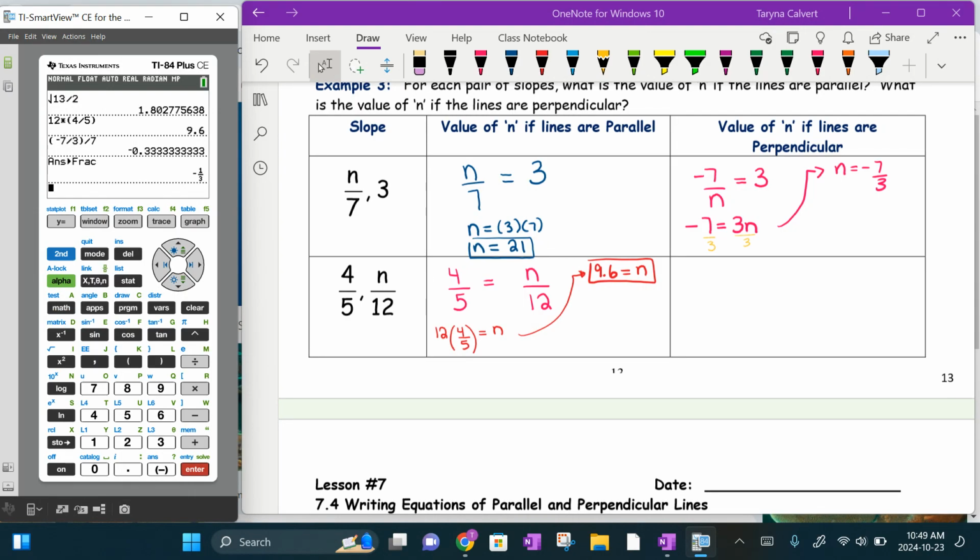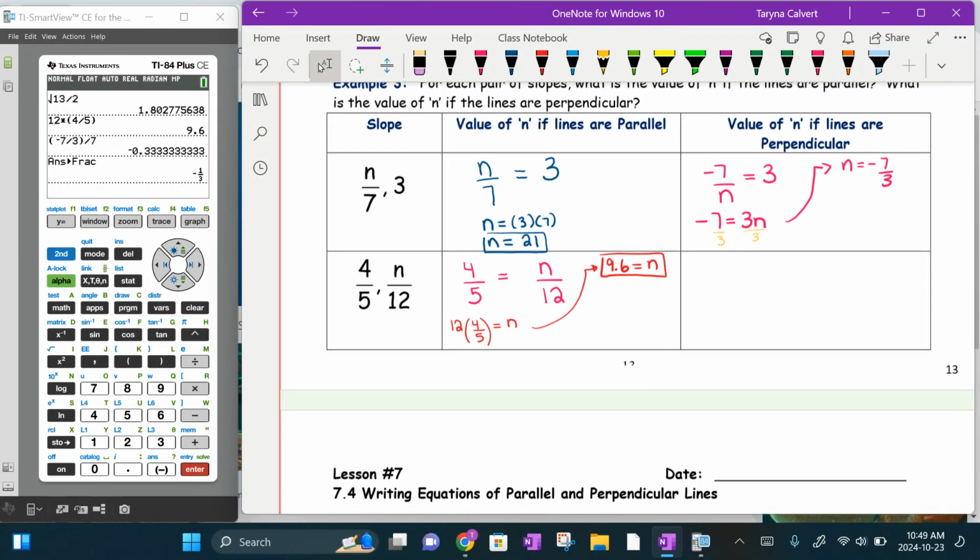Is that slope perpendicular to 3? Yeah, because negative 1 over 3 is perpendicular to 3. So n is beautiful. I'm going to show you this technique first, and then I will show you one other technique, just because it's interesting, but you can use this every time for perpendicular.